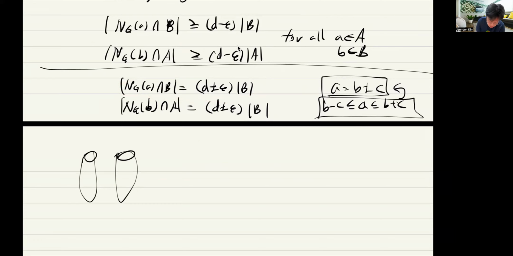In that case, for each such vertex, out of its edges you uniformly at random choose the right number of neighbors. So you randomly delete some edges so that it has the correct degree.